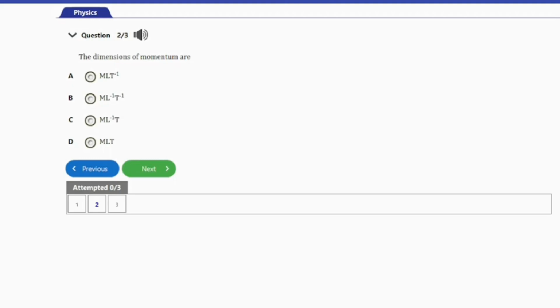Now, in order for us to derive the dimension for momentum, we have to first of all understand the formula for momentum. So we know that momentum is equal to mass times velocity.